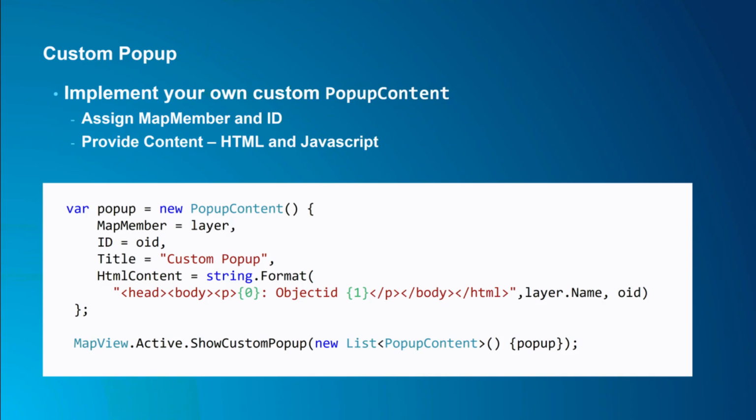It displays the layer name and then the object ID. And then I would have to call on the map view the ShowCustomPopup, give it the list of my pop-up content that I created, and then the pop-up window will appear on top of my map.